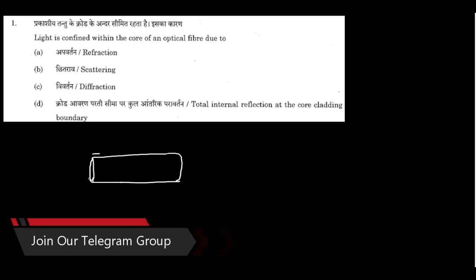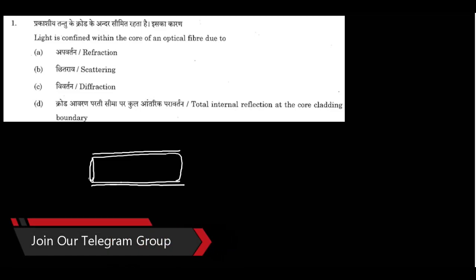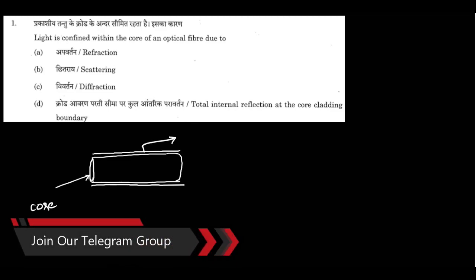On top of the core, the core is protected by one more sheath, that is the cladding. So this is the core, and this is the cladding.